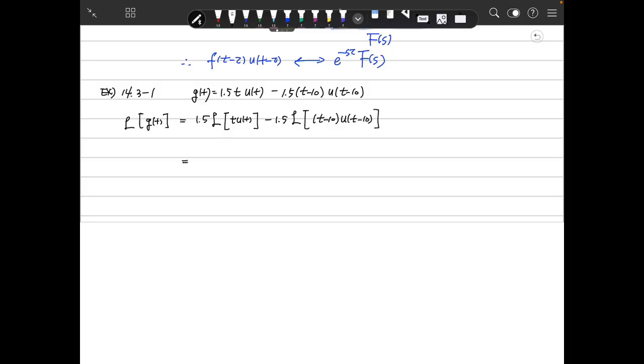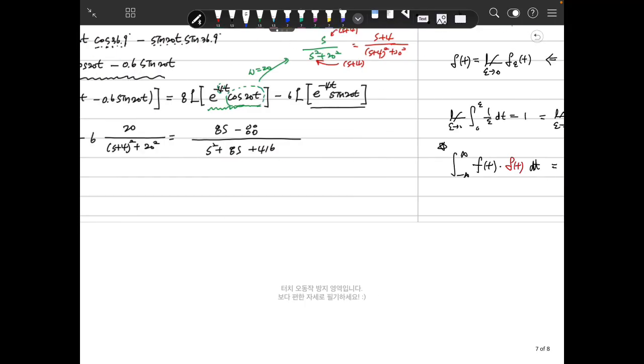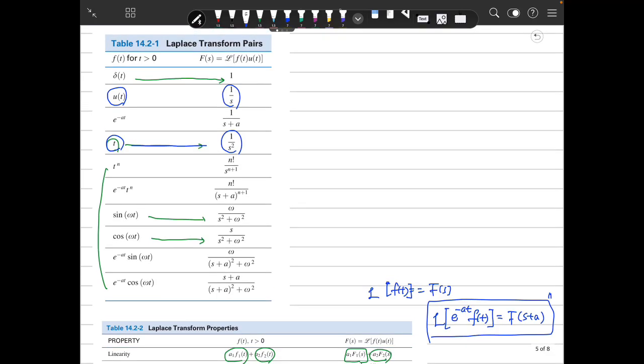So it will be 1.5 times the Laplace of t, which is 1 over s squared.